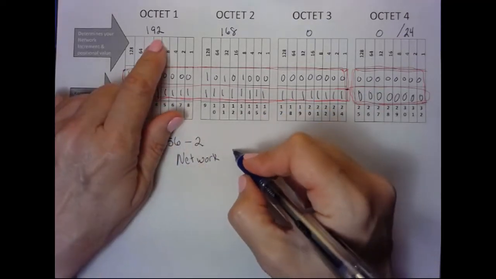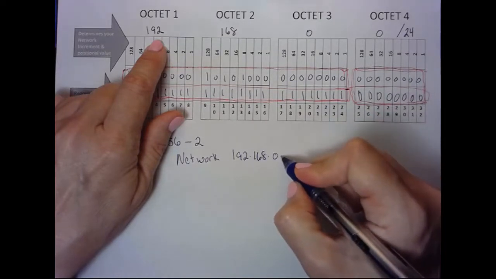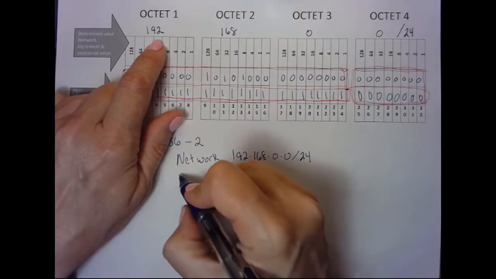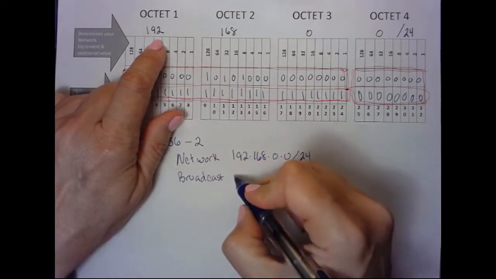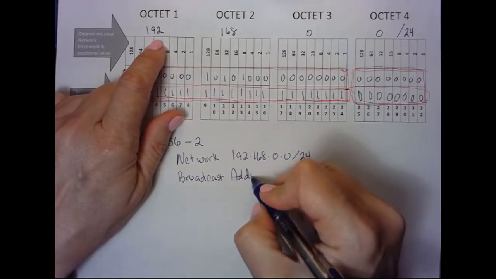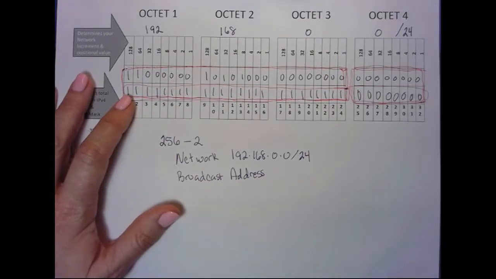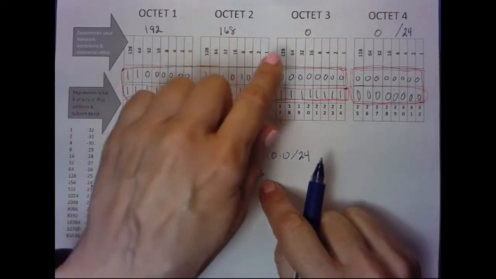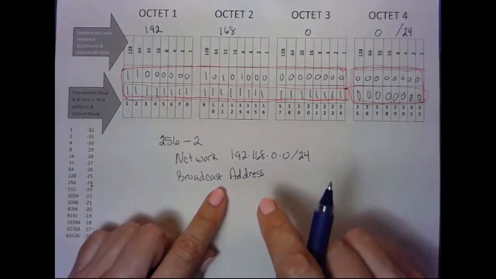So that's the 192.168.0.0/24 address. And another address is going to be used for the broadcast address. And we're going to actually talk about the broadcast address in another video a little bit later. Every single network address has to have a broadcast address.